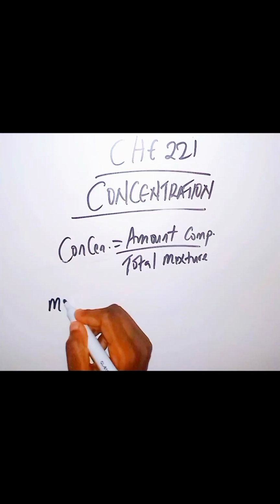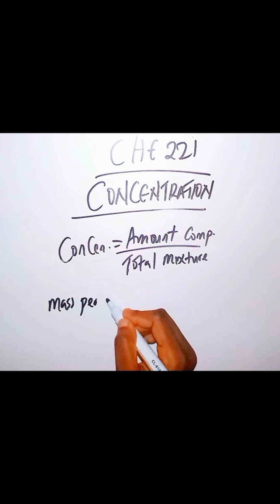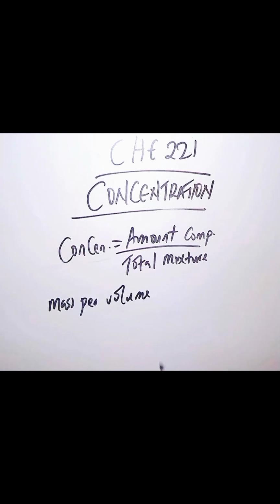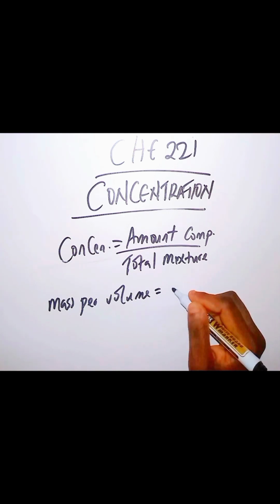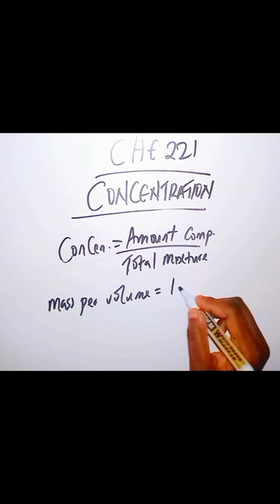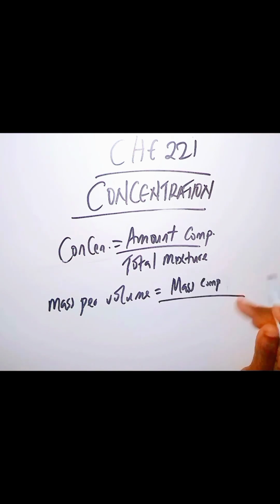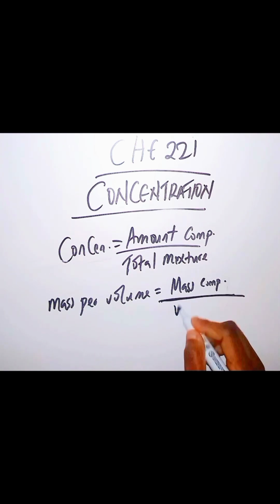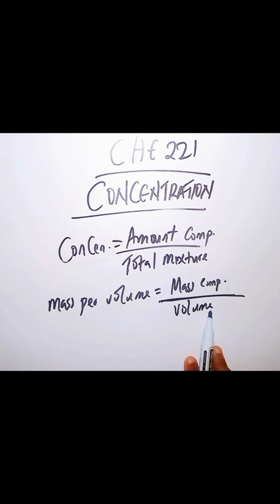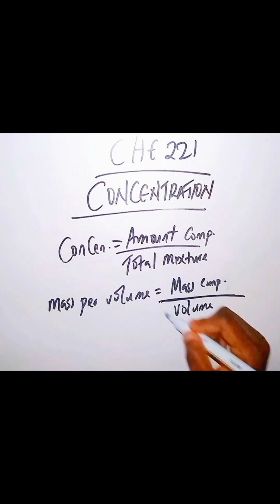Concentration can be expressed as mass per volume. This means the mass of the component divided by the volume. Concentration can be expressed in this form. Sometimes you get to hear mass concentration. Yes, this is mass concentration.